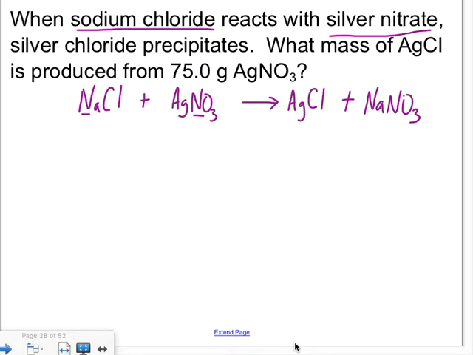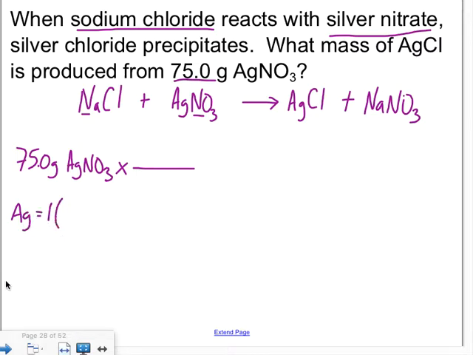Start with what you're given, 75 grams. Okay, so 75 grams of AgNO3. Now, your first conversion is to convert grams to moles of AgNO3, and the only way you can do that is to find the molar mass. So, Ag, I got 1, and if I look on the periodic table for Ag, it's 107.9.